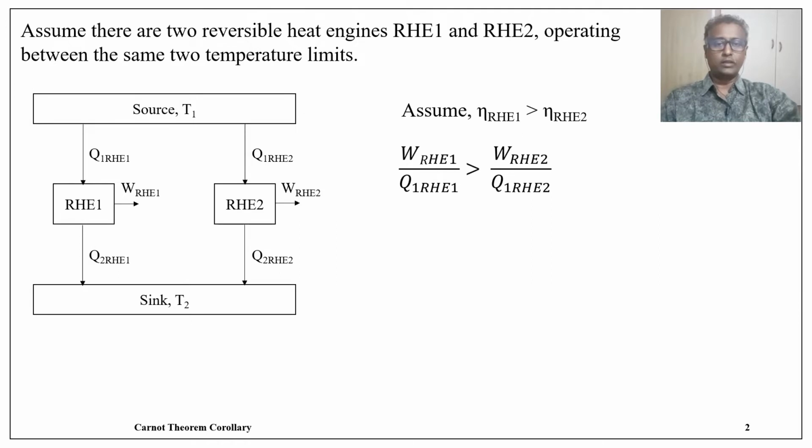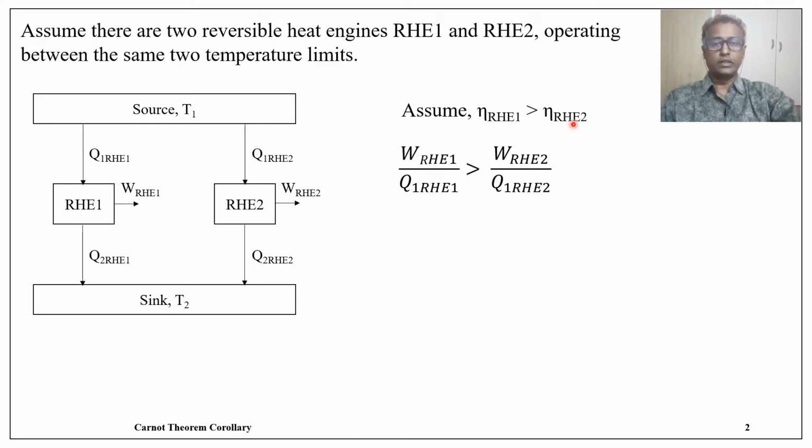Work output is W of HE1 for engine 1 and Q1 of HE1 is the heat supplied for engine 1, and hence the efficiency of engine 1 is expressed like this. Similarly, the efficiency of engine 2. As per our assumption, the efficiency of engine 1 is greater than the efficiency of engine 2.